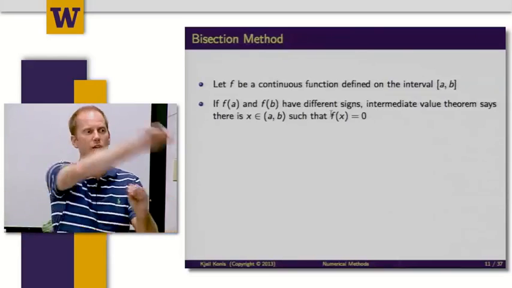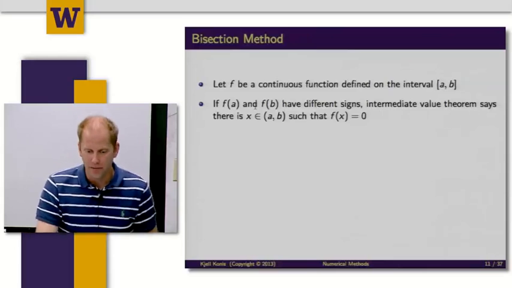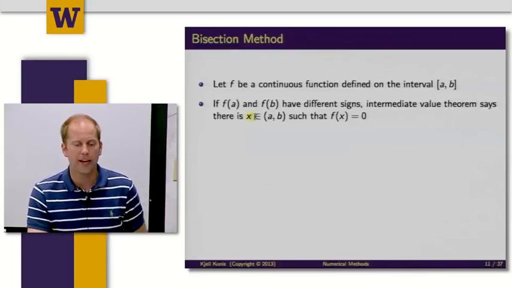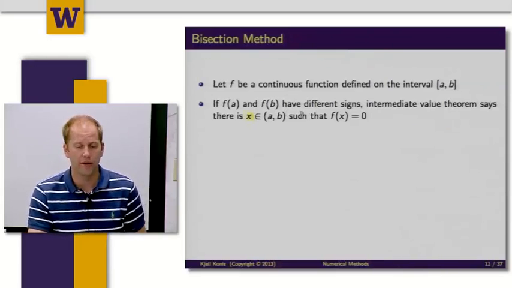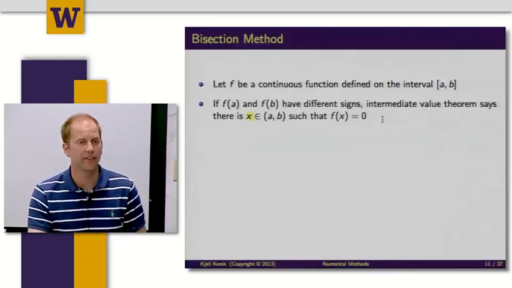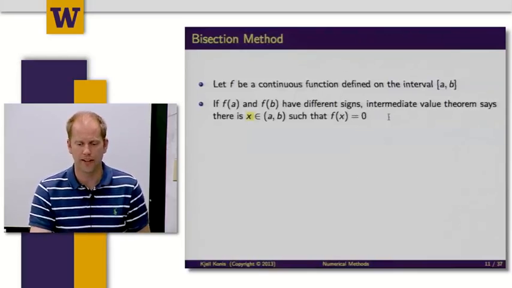It's cheating to go around like that. So if f(a) and f(b) have different signs, then there has to be some point x in the interval [a, b] where f(x) is equal to 0. Bisection is going to be an algorithm for finding that point x.